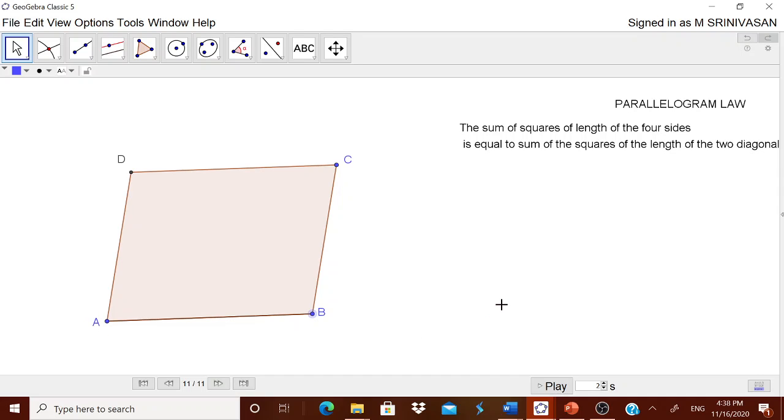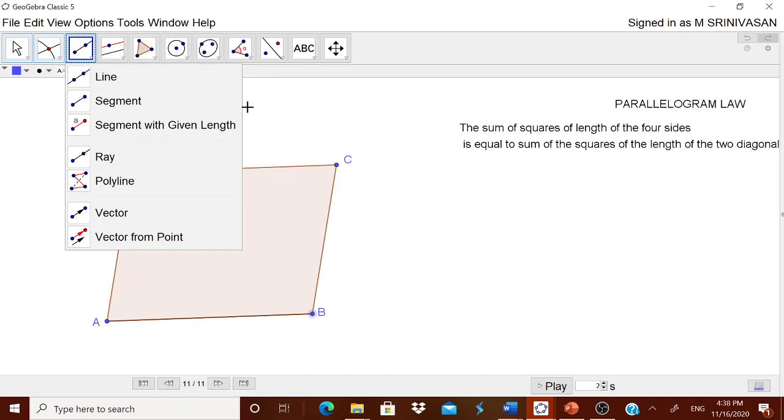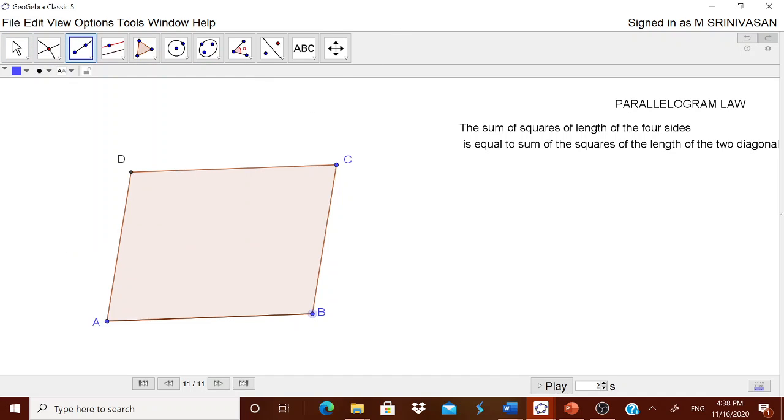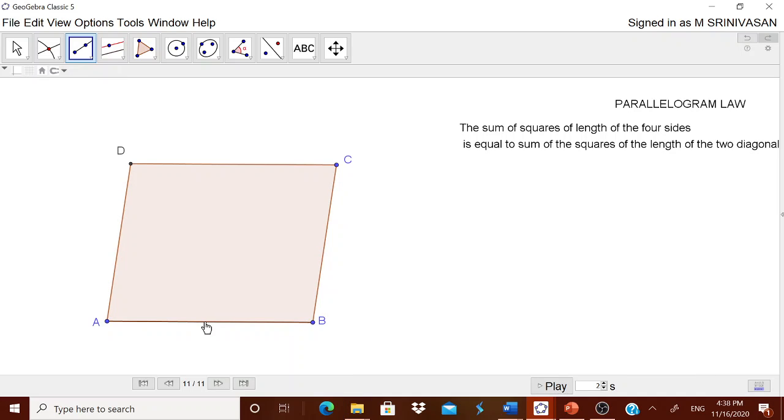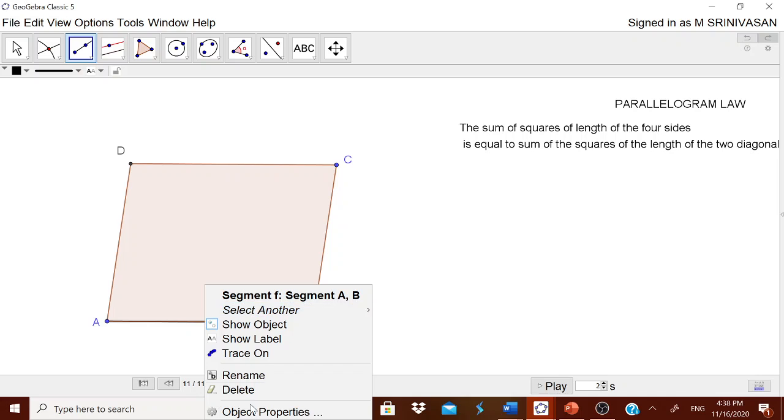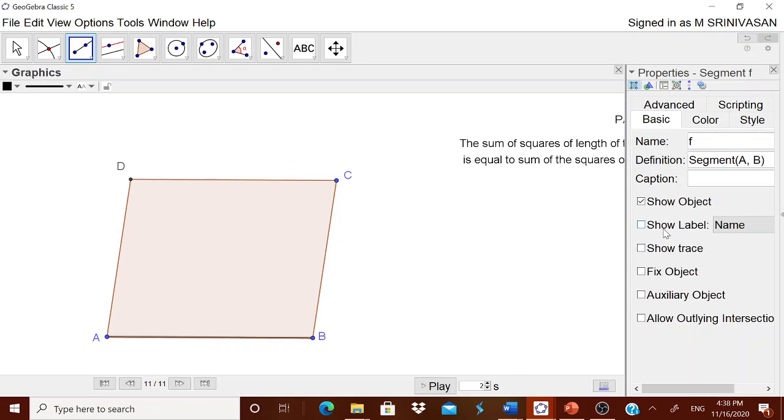Okay, now let us go for this special property, sum of the squares. For that we need the sides now. Let us go for the sides. I will right click it. I think this is to be selected. Okay, the segment is selected. Go to the object properties, and choose name and value.